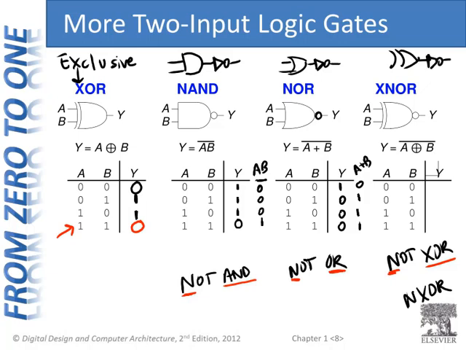It's the inverse of that. Again, this inverter is shortened to just that bubble. So XNOR is the opposite of an XOR gate. So here we had 0, 1, 1, 0 as our outputs. Here we'll have 1, 0, 0, 1 as our outputs.